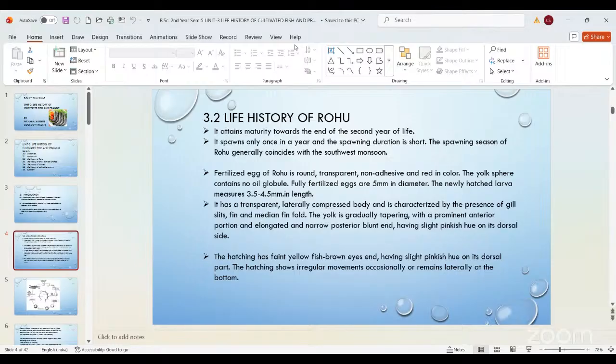The hatchling has faint yellow fish brown eyes and a slight pinkish hue on its dorsal part. The hatchling shows irregular movements occasionally or remains lying laterally at the bottom.